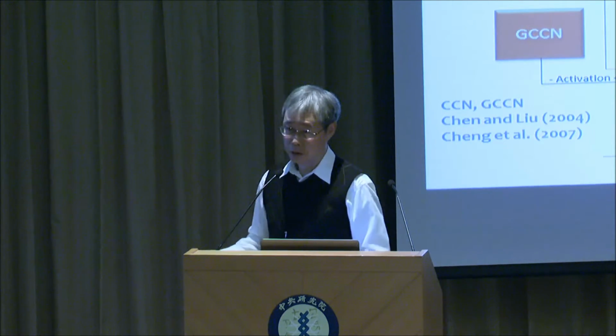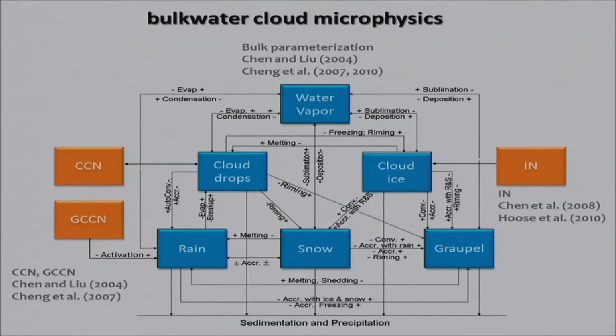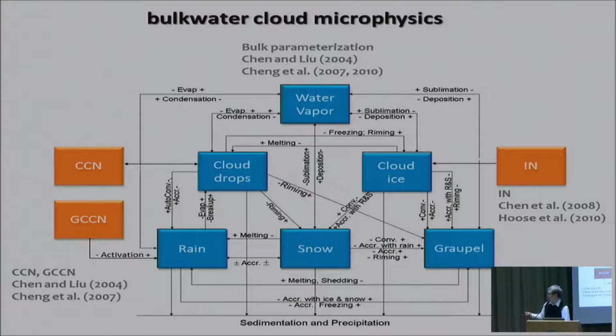This is the microphysics scheme, which is very similar to a typical bulk water scheme in regional models. It consists of different hydrometeors, including cloud drops, rain, liquid phase, and three ice phases. But in this scheme, we also spent a lot of time to incorporate the aerosol-cloud interaction, including condensation nuclei activating into cloud drops.